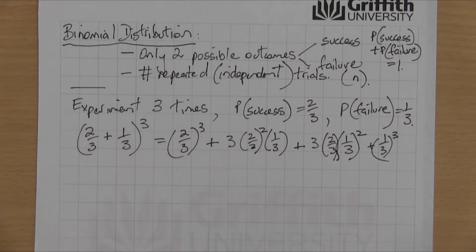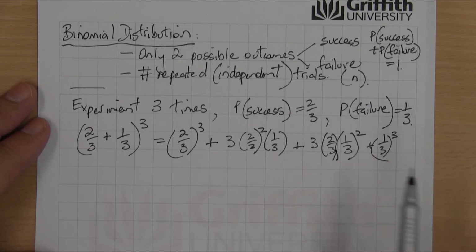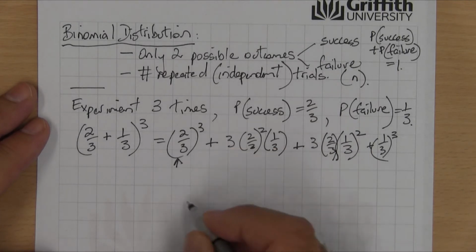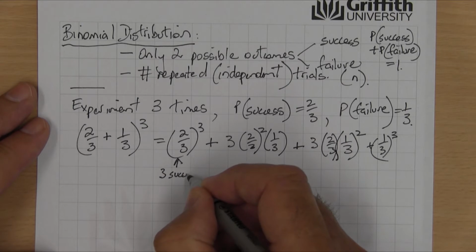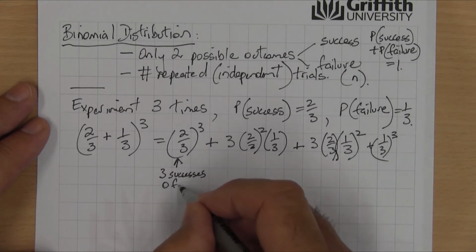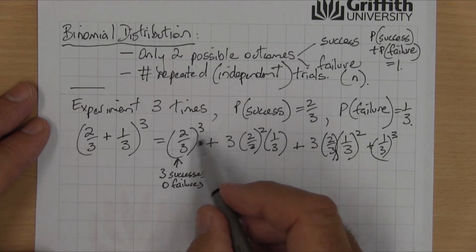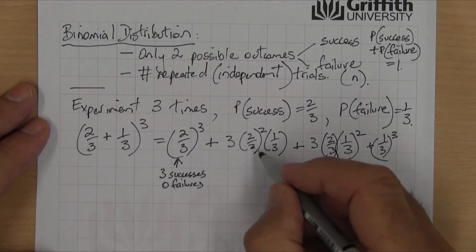So that's just an expansion of a plus b all cubed, going back to some high school maths there. But if we look at this, this is 3 successes, the probability of 3 successes. If you have 3 successes, you must have 0 failures, because probability of 1 success is 2/3, so if you go to the power of 3, that's 3 successes.